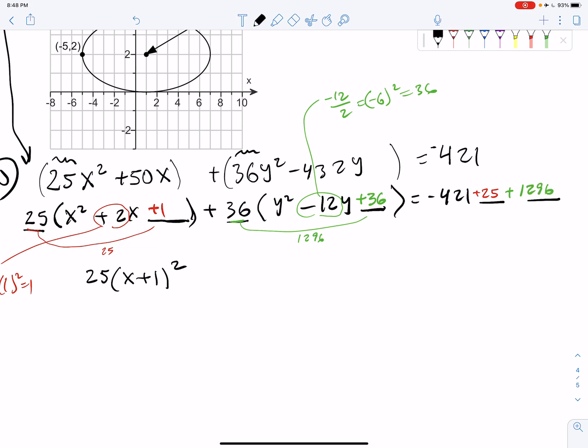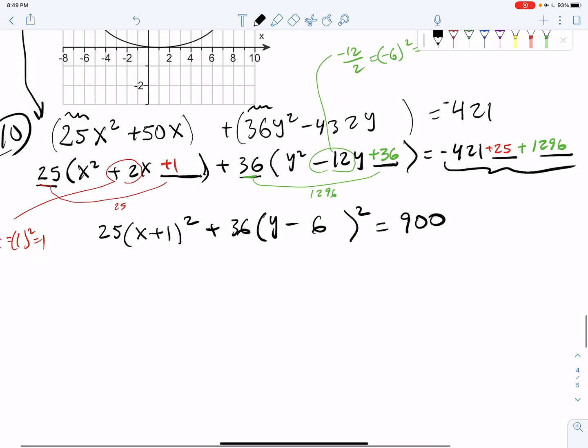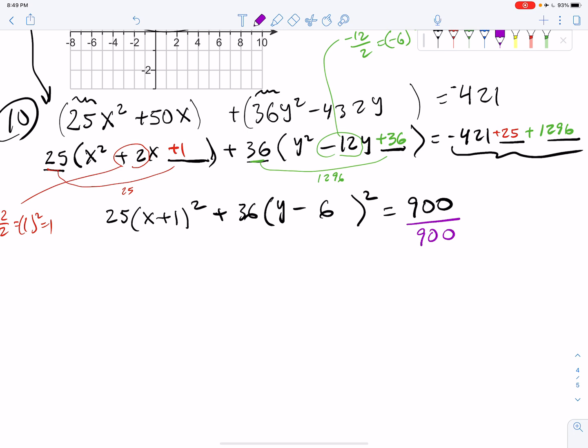Okay, so now we've got plus that 36 on the outside. And we just completed the square, so we know that this is going to factor down to y minus 6 perfect square. And on the right-hand side, when I sum all that up, I get 900. Remember, the standard form for an ellipse is that we must have this equal to 1, so we divide by 900 to turn that into a 1.